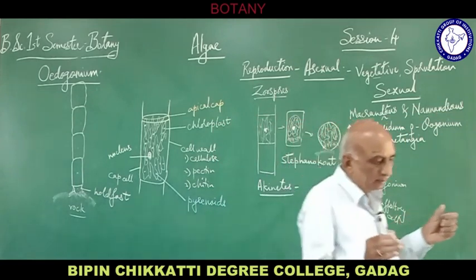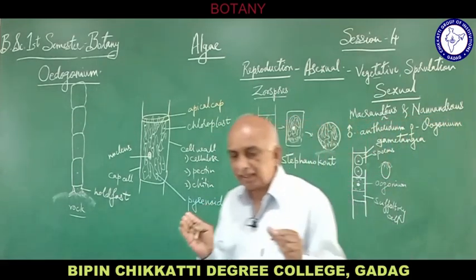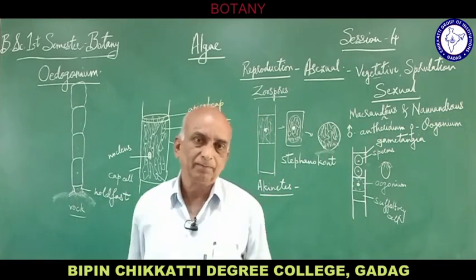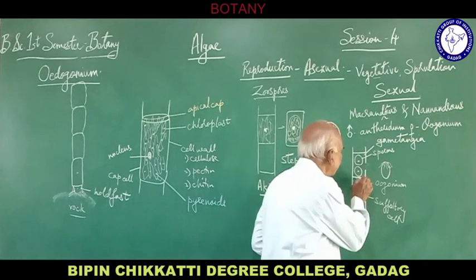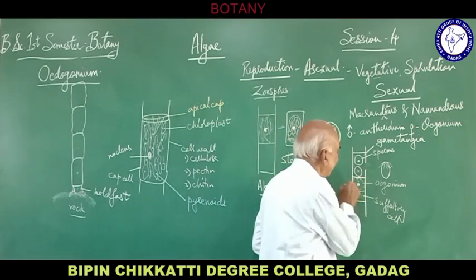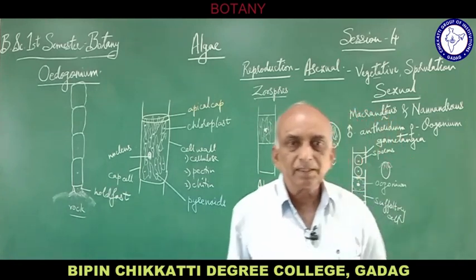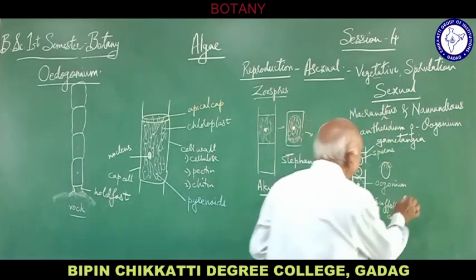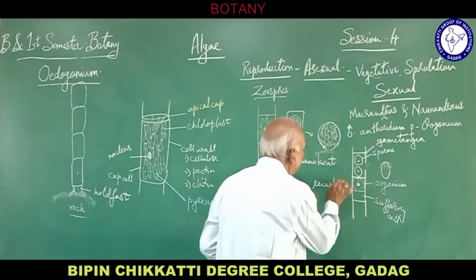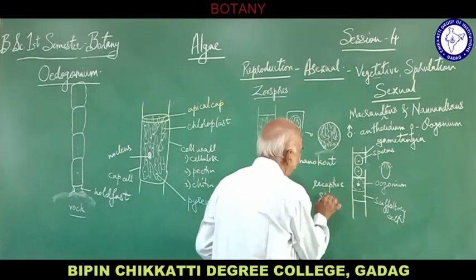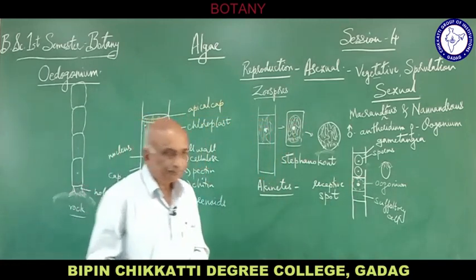Again the cell membrane or the plasma membrane gets separated from the cell wall and then it forms a particular structure. At one end of the oogonium, there is a structure which is called the receptive spot. This receptive spot is a region in the oogonium.